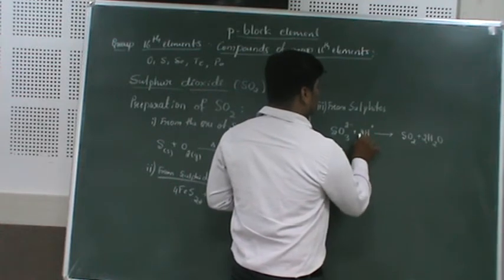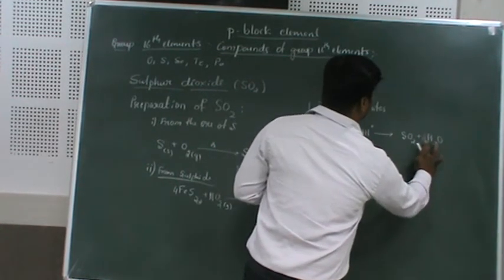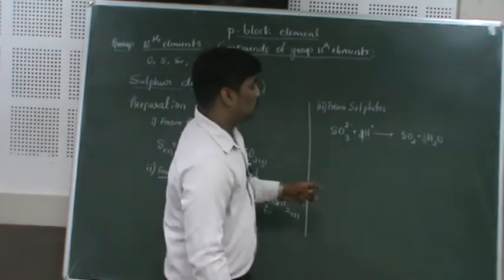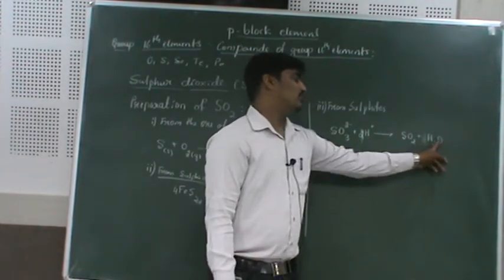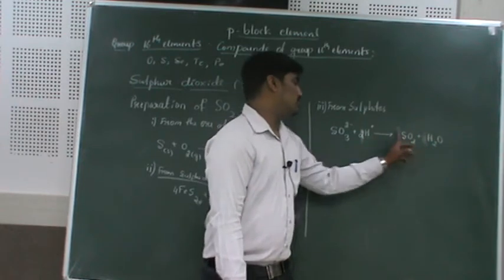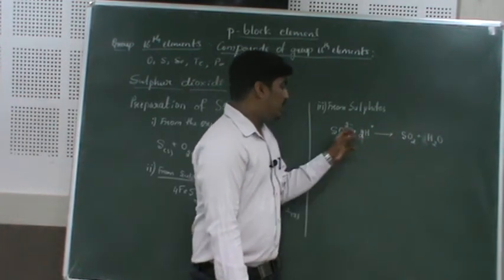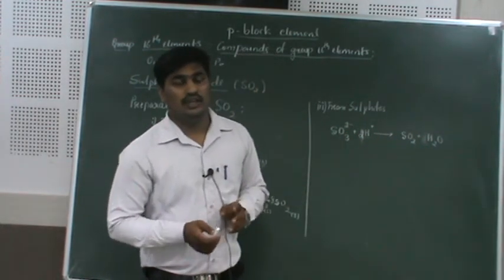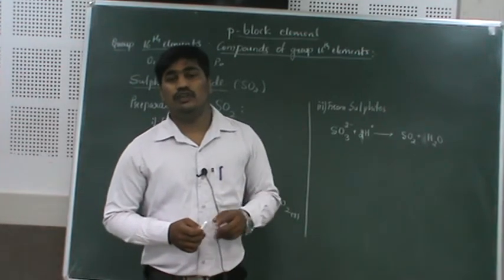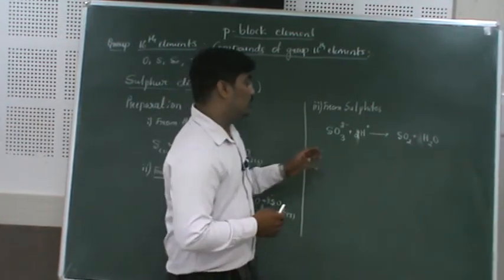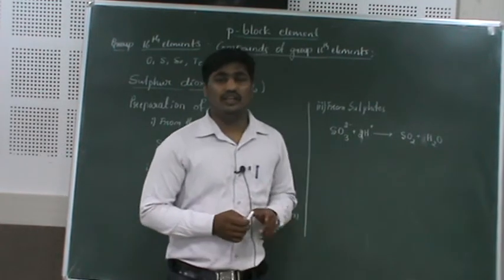It is possible, correct? When multiplying 2 to the acid: 3 oxygen, 3 oxygen, 2 hydrogen, 2 hydrogen, 1 sulfur, 1 sulfur, and electrons also balanced.